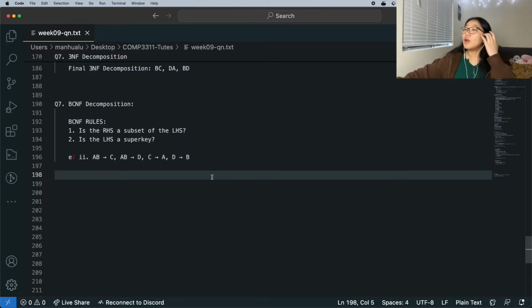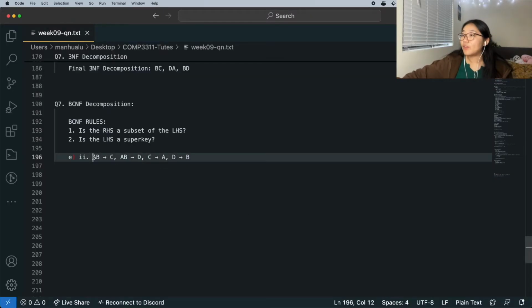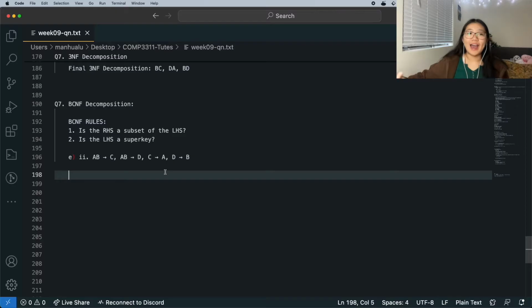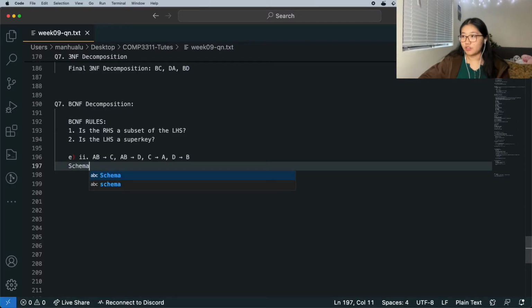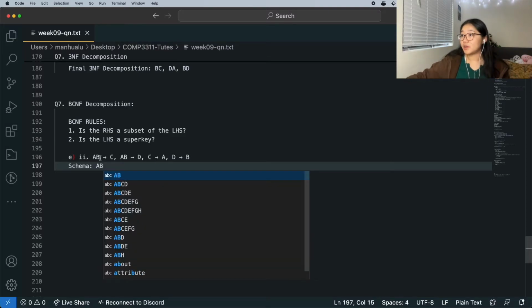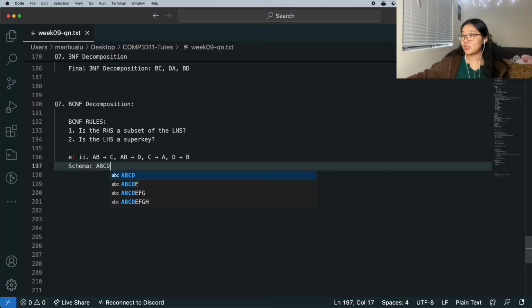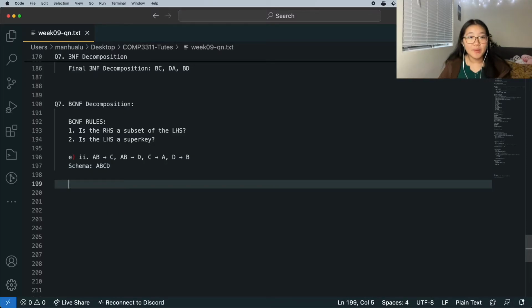Cool. Moving on, the first step is to have an understanding of the schema. The schema is everything that is in our functional dependencies, so we've got A, B, C, and D. We'll be having multiple passes, or multiple sweeps, of our functional dependencies.